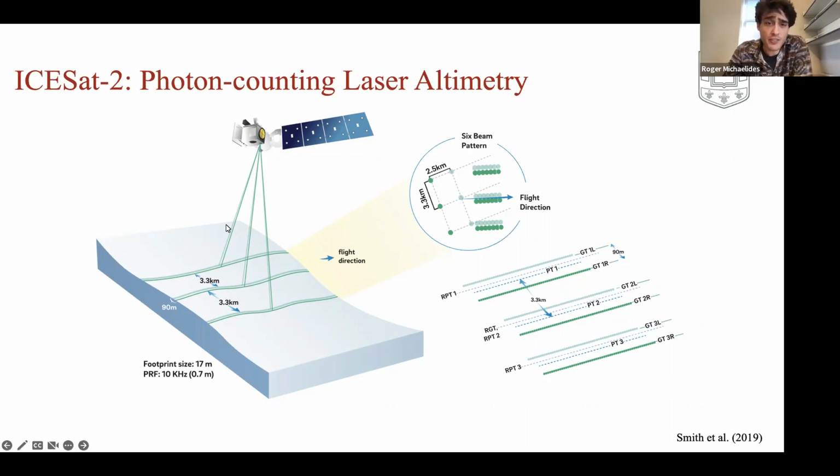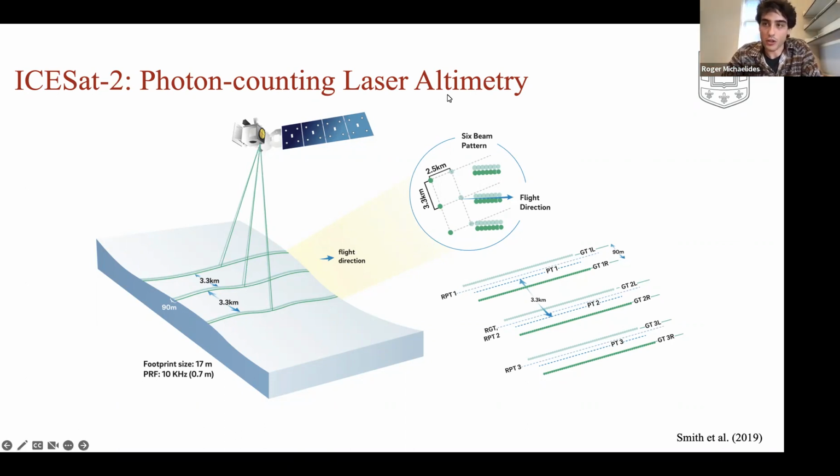Now, this cartoon just gives you a sense for what those observables look like. We have 6 beams in pairs of 2. So we have one pair that's directly at the nadir point of the satellite, and then 2 pairs that point off in either direction. And what this gives you is a broad spatial sampling over and along the flight direction of the satellite.